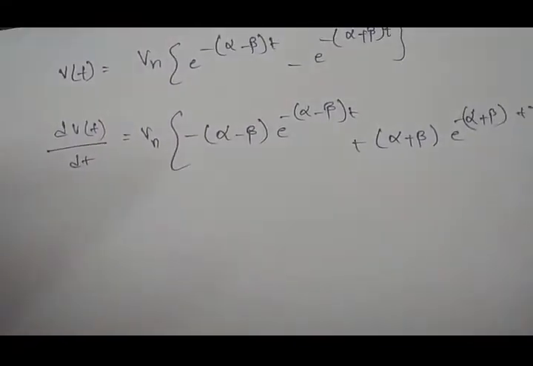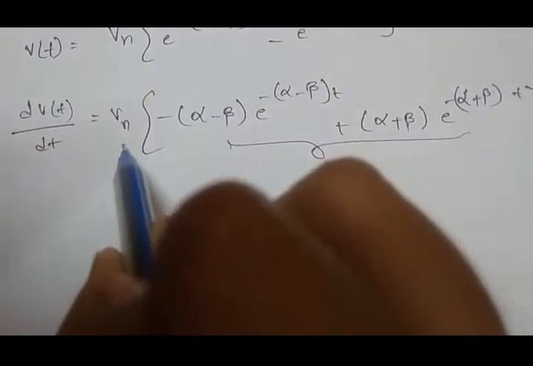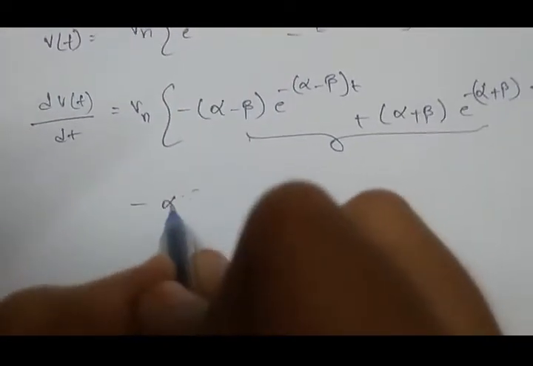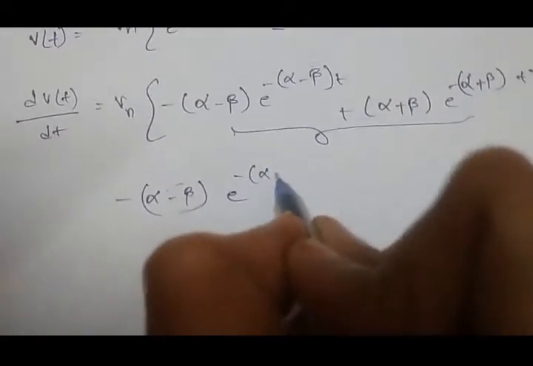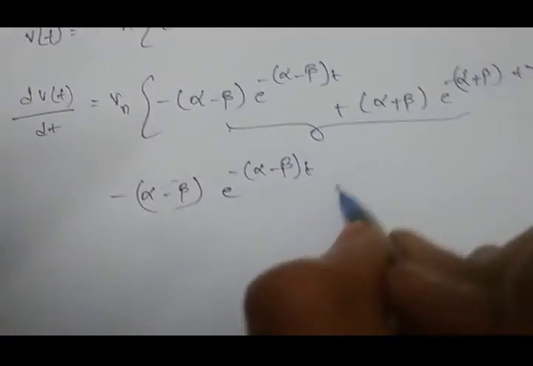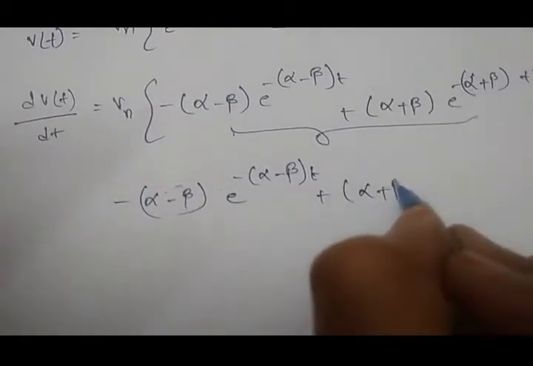Okay, so when you equate this to 0, for the maximum value, this term may not be 0 because your magnitude won't be 0. So I'm just equating this one to 0.